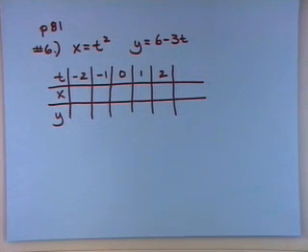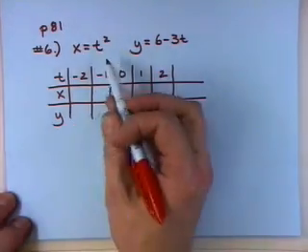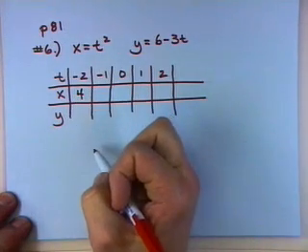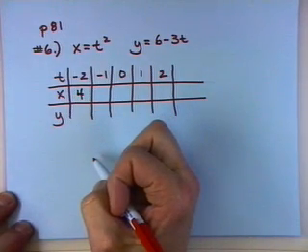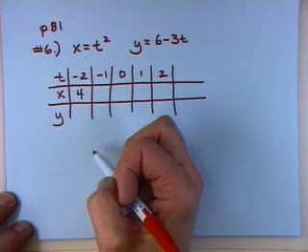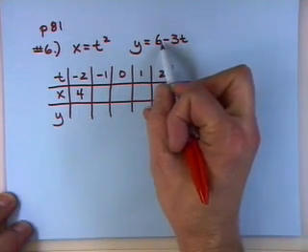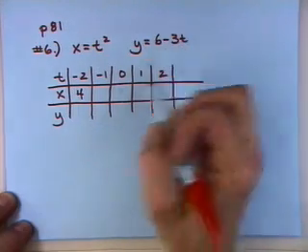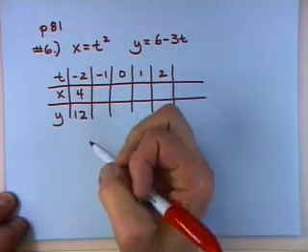So I'm just starting at -2 and picking integer values and see what we get. When t is -2, what's x? 4. And what's y? 12. 6 minus 3 times -2. That's good. 12, there we go. I was hoping it wasn't me.